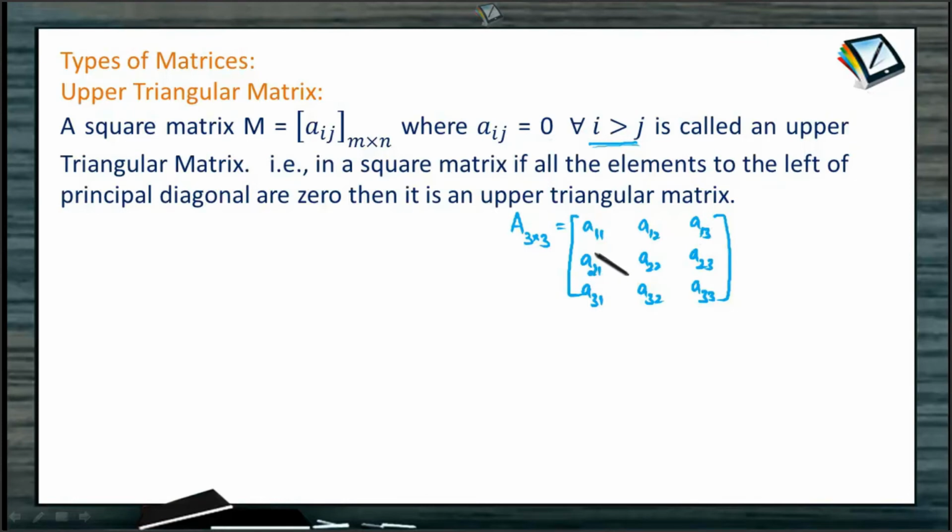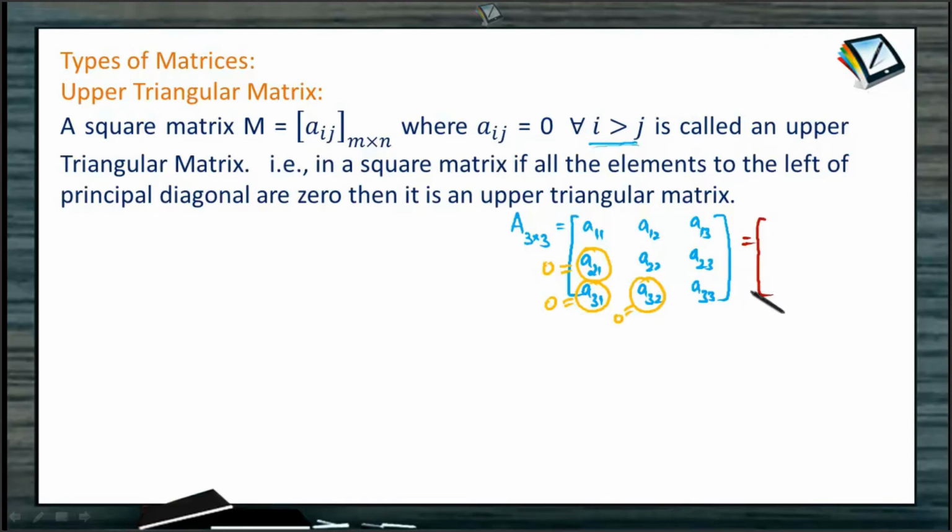But look at A21, yes, here the row number is 2 which is greater than the column number. Then this element becomes 0. Will A22 belong to this? No, row number and column number are equal here. A23, does it belong to the requirement? No, because here the row number is smaller than the column number. Then A31, yes, this is also 0 by the condition. A32 is also 0.